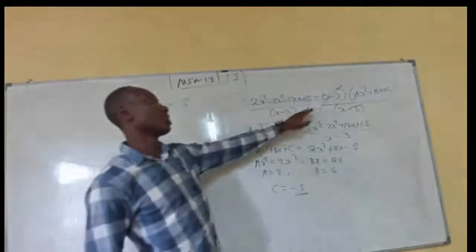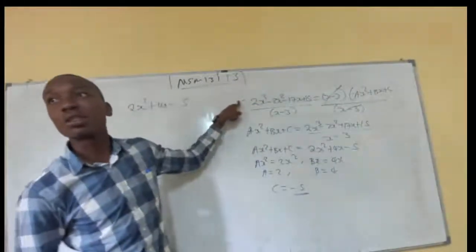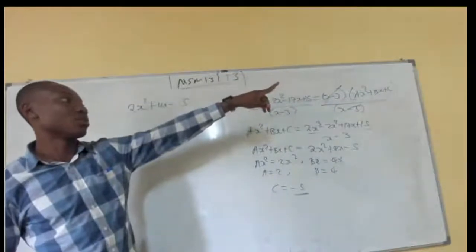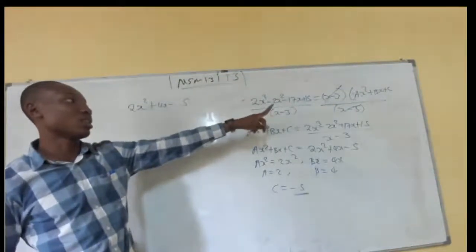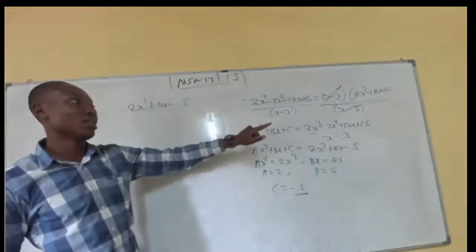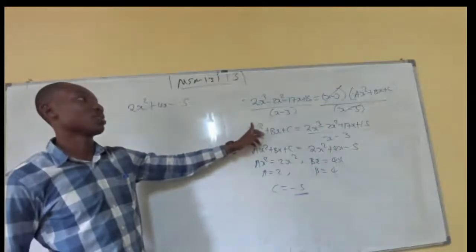This is the question. Then we know that it can be expressed in that form, where x minus 3 is to be determined. So we needed the value of a, b, and c. So I simply divided both sides by x minus 3.